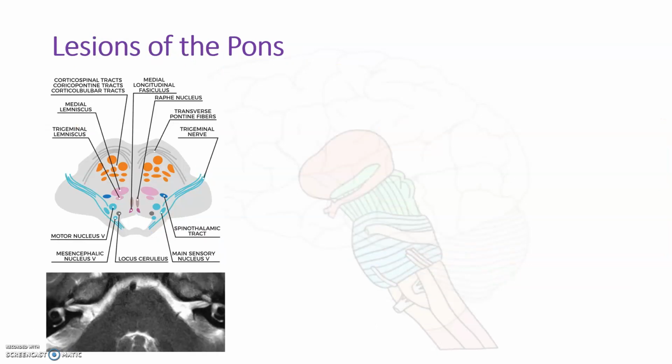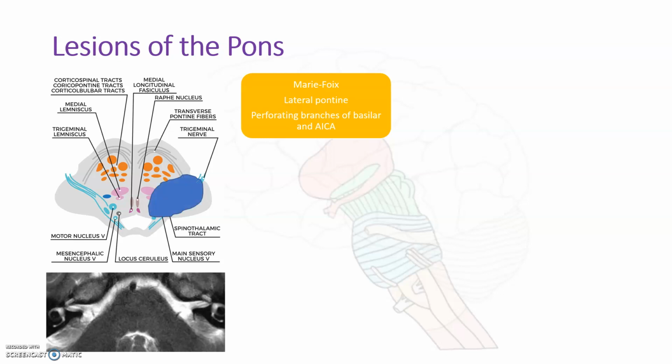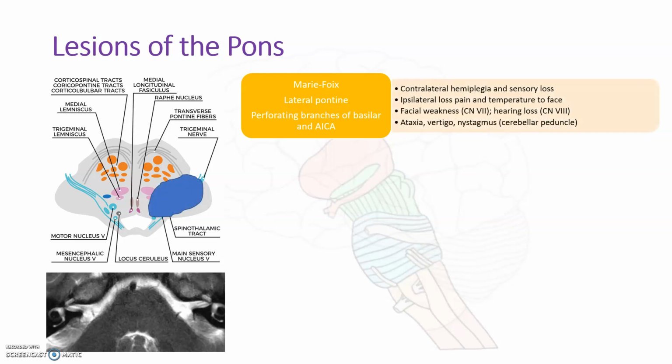So let's move on to the pons. Lateral pontine syndrome, associated with obstruction of the perforating branches of the basilar or anterior inferior cerebellar artery, affects the long tracts and therefore can produce hemiplegia and sensory loss.